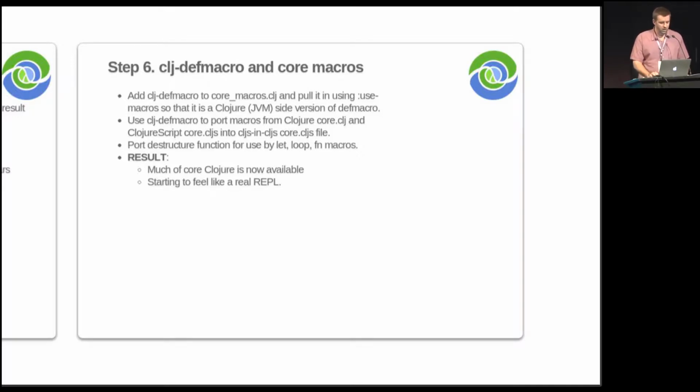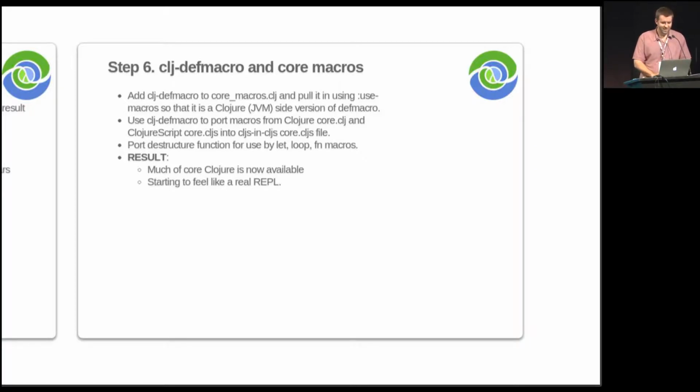So I added a new CLJS defmacro, and this is defined on the Clojure side in a macro file. I pull it in using use-macros, and this allows me to define predefined macros when I actually compile the ClojureScript and ClojureScript compiler.